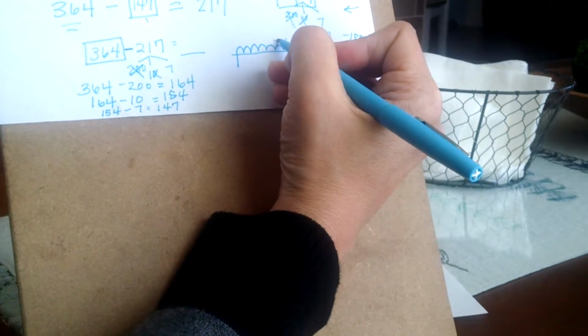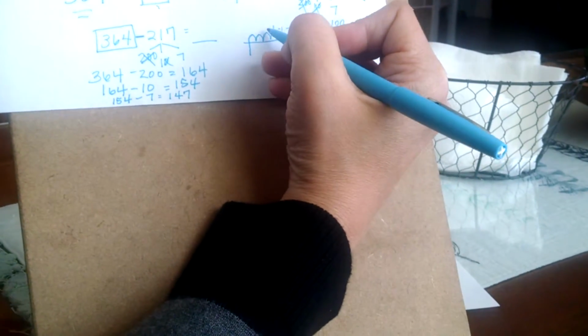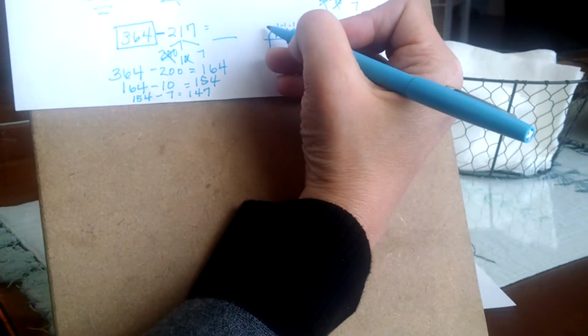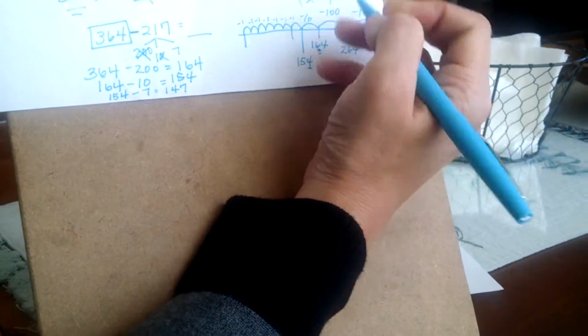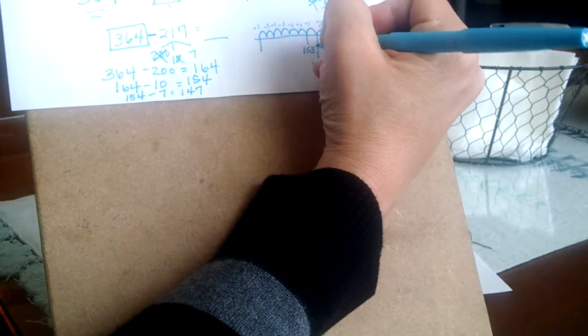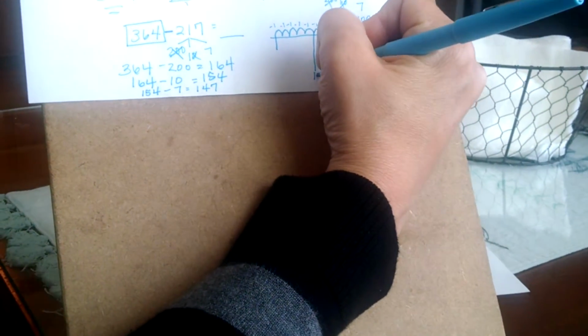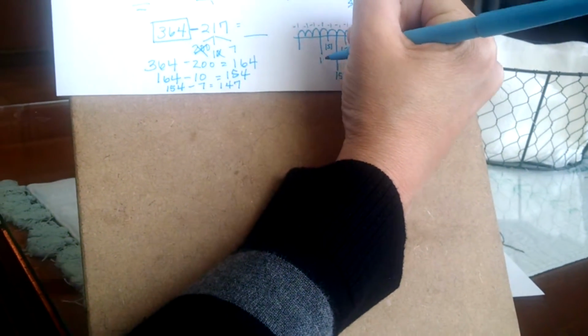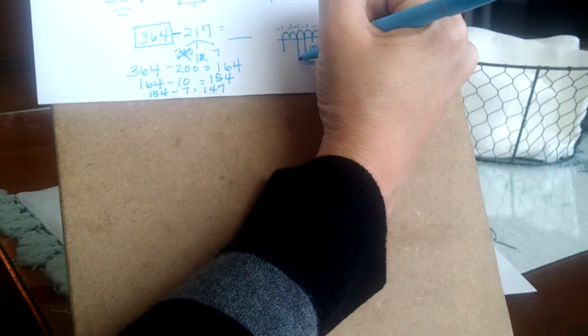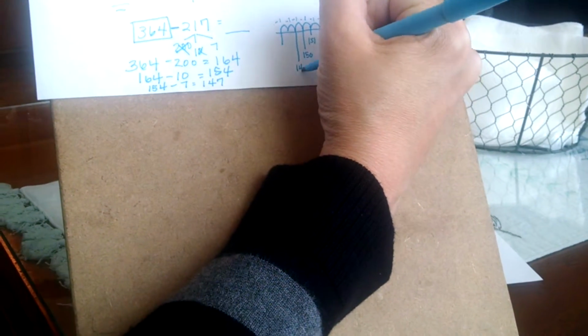And I just like them to show all of their hops, because a lot of them will hop too many or they won't hop enough. So then she's only going to be changing this one number. So 153, 152, 151, 150, 149.